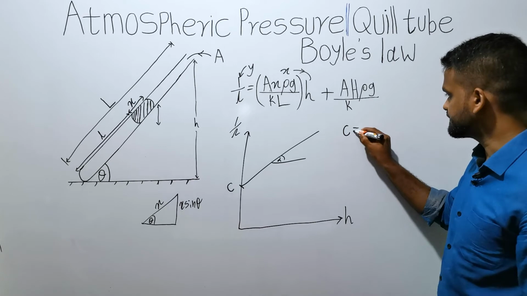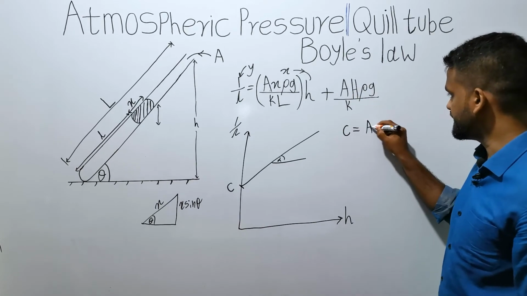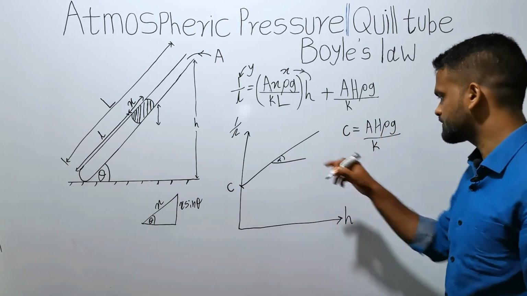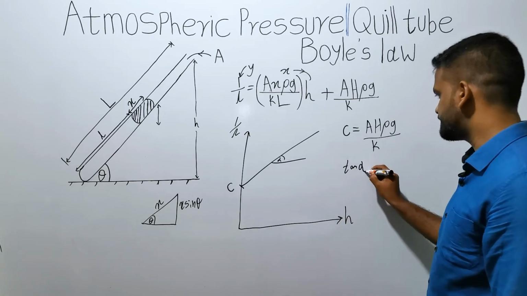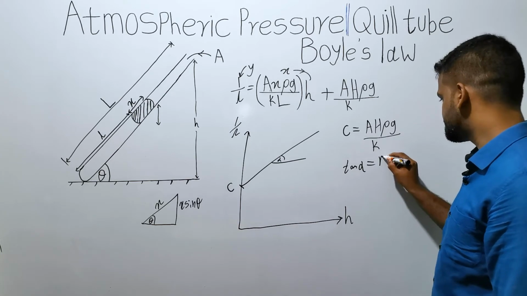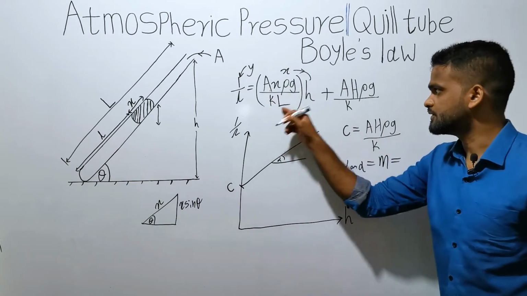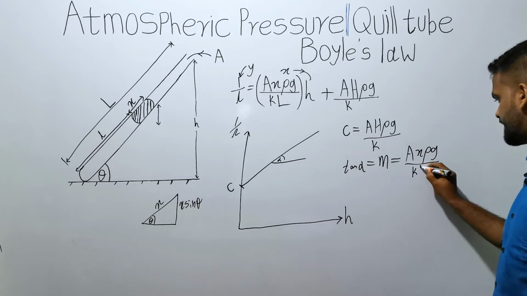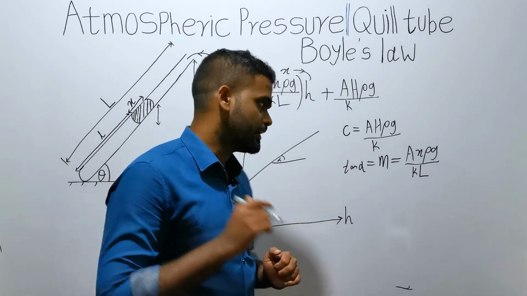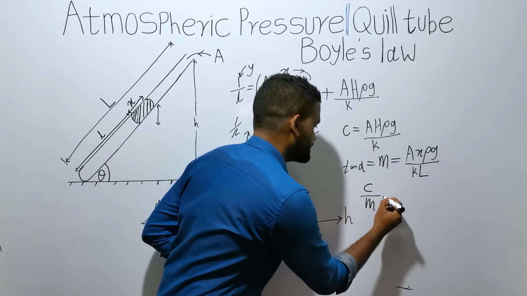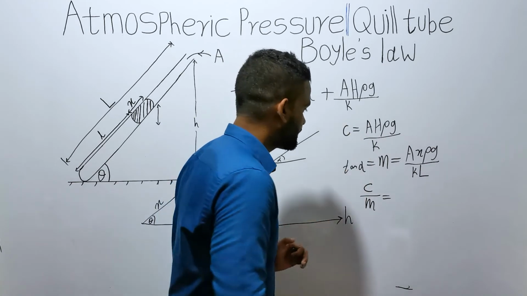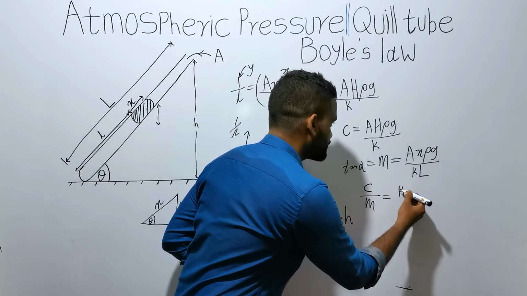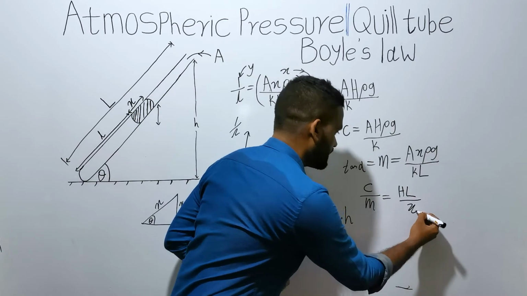So this intercept, symbol C, should be this term, that is AH rho G over K. For the gradient, we can consider this as tan alpha as well, and that term should be this, that is AX rho G over K capital L. Then if I divide intercept by gradient and simplify it to the other side, the equation will be capital H equals capital L divided by symbol X.